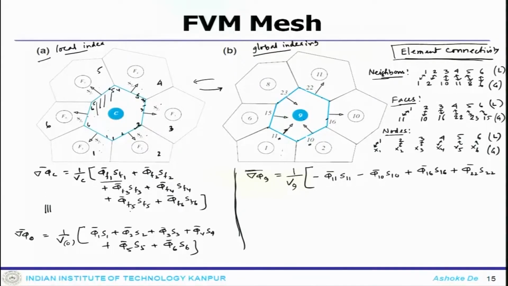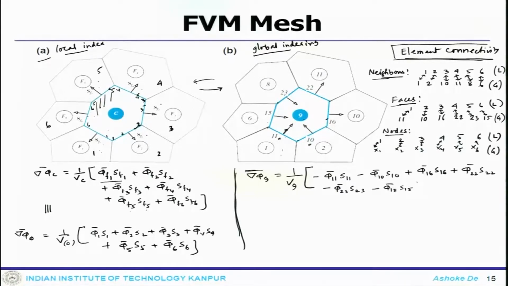Phi f5 and Sf5: surface is 23 and the vector is coming inside, again this will come with a negative sign. And the last one is the sixth one. In the global, the face number is 15 and the vector is pointing inside, so this will also come with a negative sign.